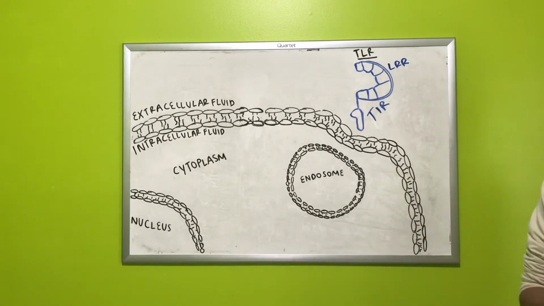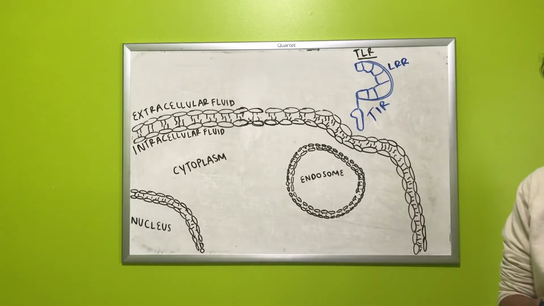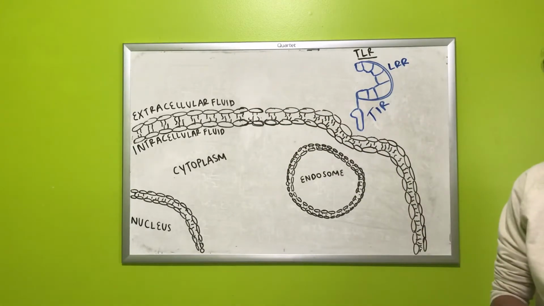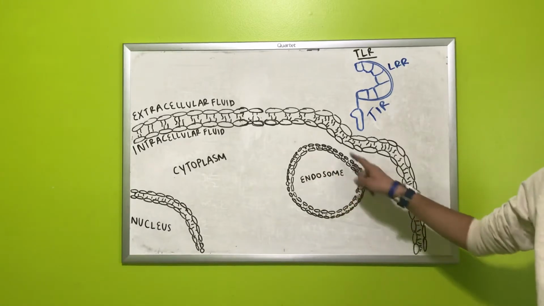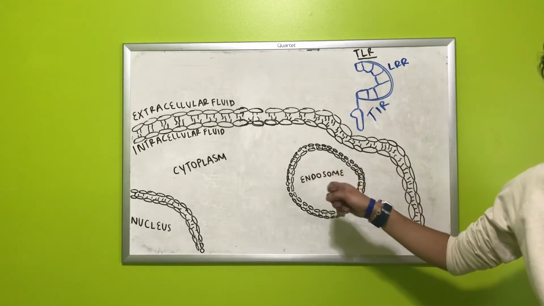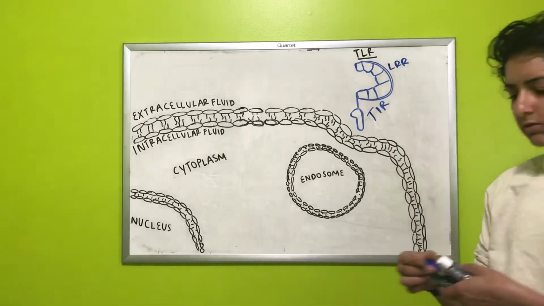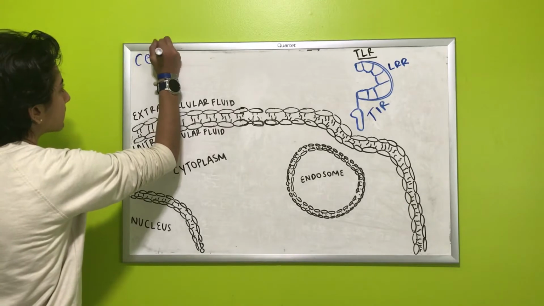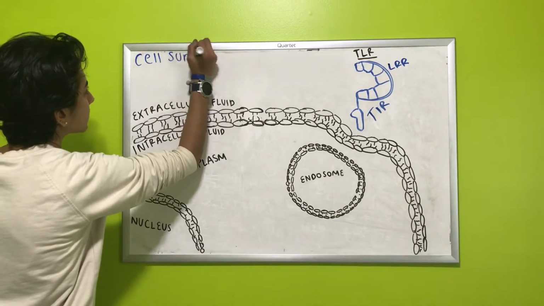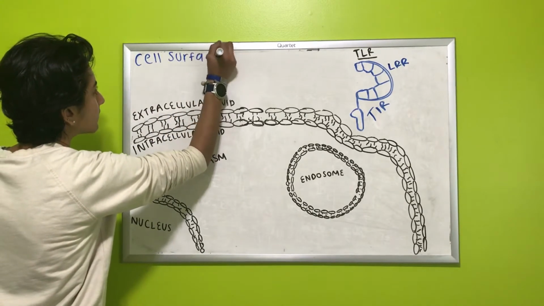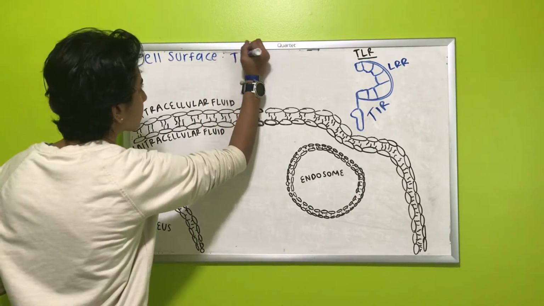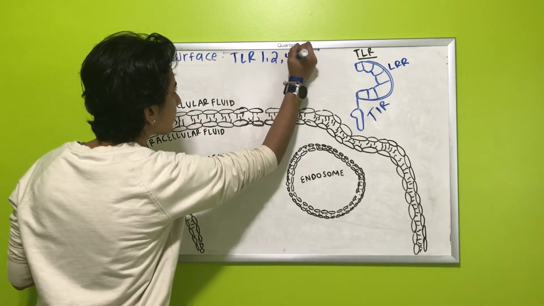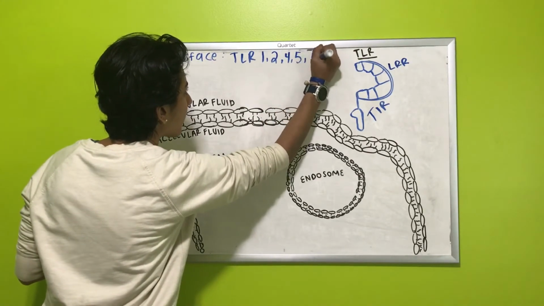Some of the toll-like receptors are found on the cell's outer plasma membrane here, while the rest are found on the membranes of endosomes, which are located inside of the cell. Located on the cell surface are toll-like receptors 1, 2, 4, 5, and 6.